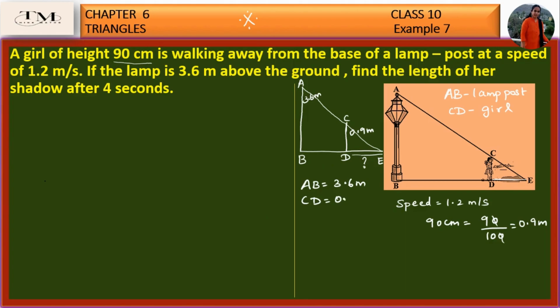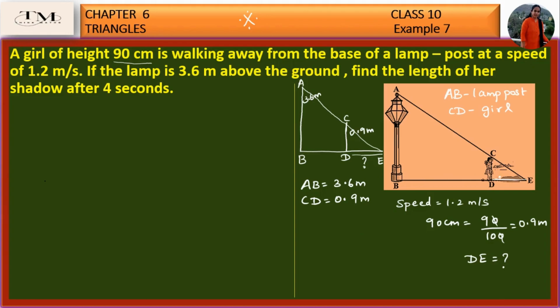CD is equal to 0.9 meter. Speed is equal to 1.2 meter per second. So per second she is traveling 1.2 meter. We have to find the length of her shadow after 4 seconds. After 4 seconds, she will reach the point D and the shadow will fall, which is the distance DE that we have to find out.